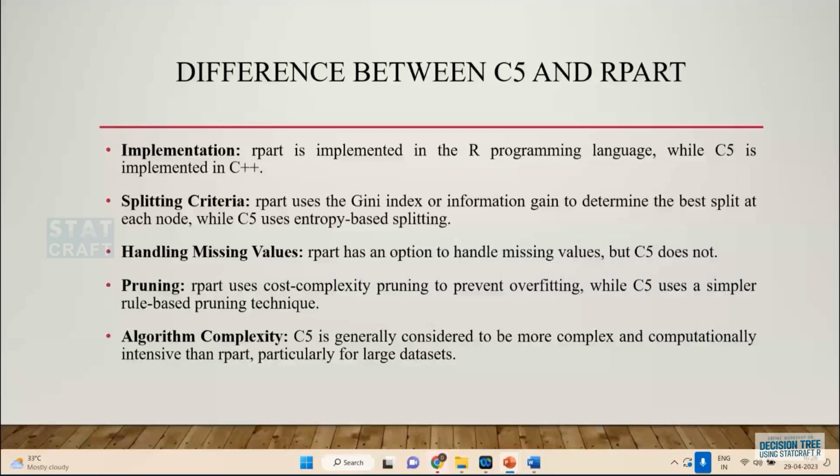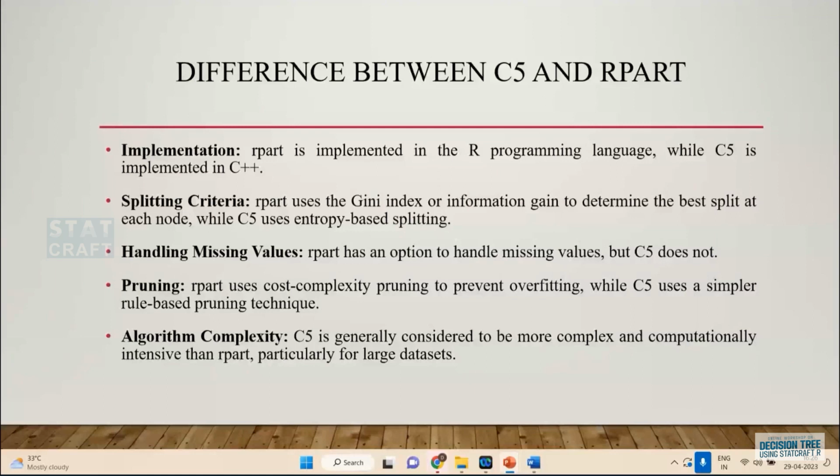The slide is the difference between C5 and RPART. RPART is implemented in R programming language, while C5 is implemented in C++. RPART uses the Gini index or information gain to determine the best split at each node, while C5 uses entropy based splitting.